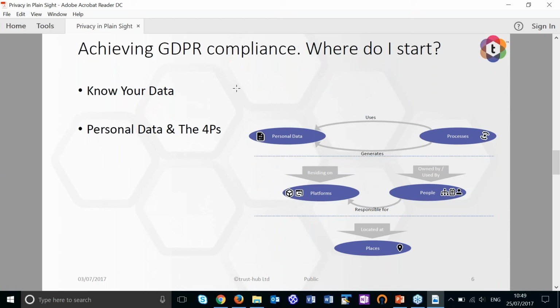Those Ps are the processes that either consume, use the data, or generate that data. The platforms, both logical and physical, upon which that data and the processes reside and run. The people within the organization that interact with that set, so who's running the processes, who owns the processes, who owns the data, so there's an interaction there.